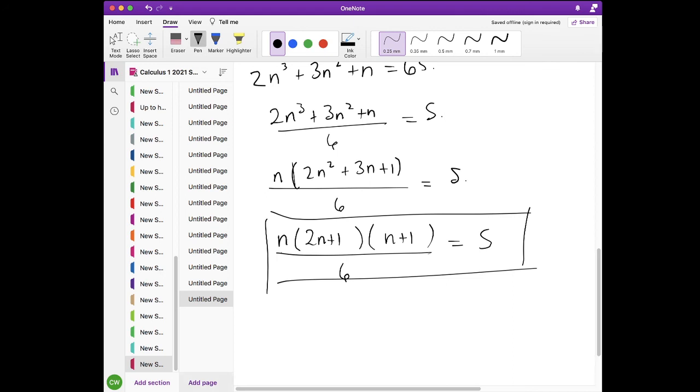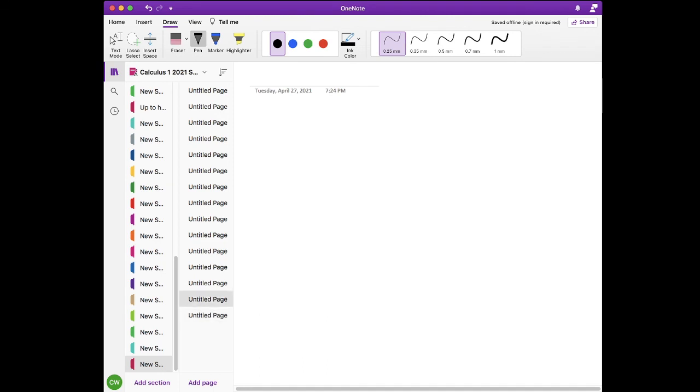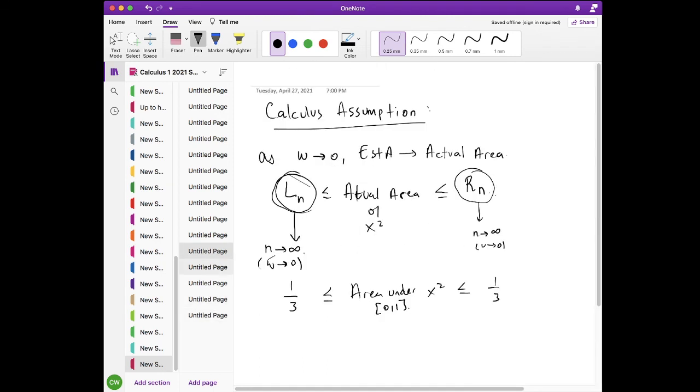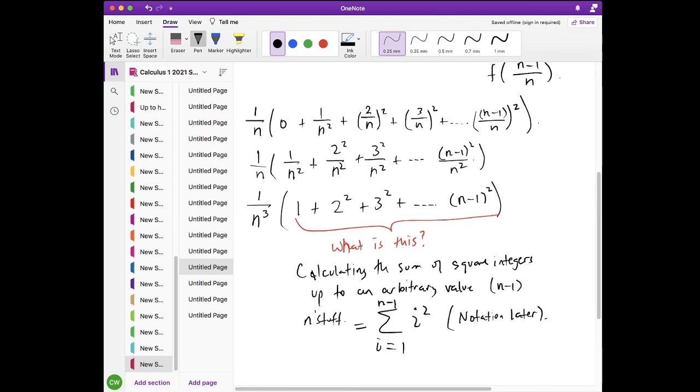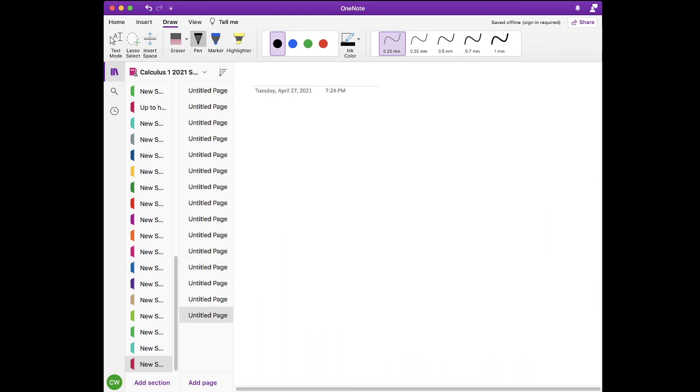So what did we end with in our attempt to find the general formula for the left approximation? We ended with 1 over n cubed times the sum of 1 plus 2 squared plus up to n minus 1 squared.